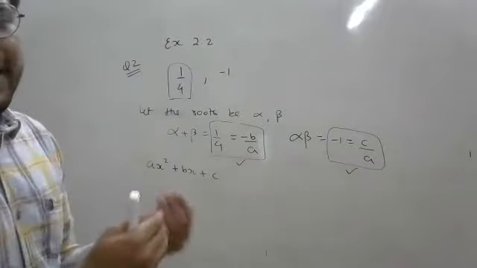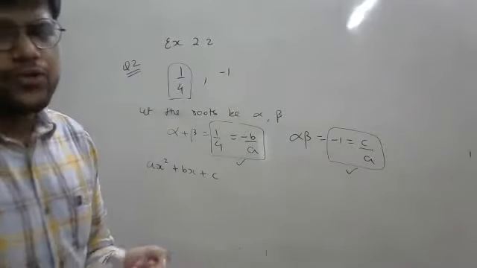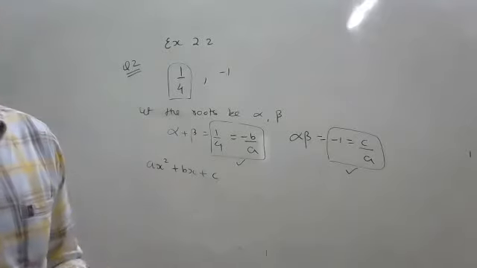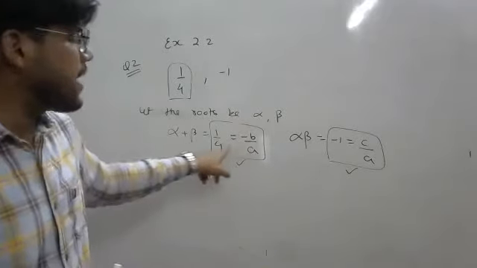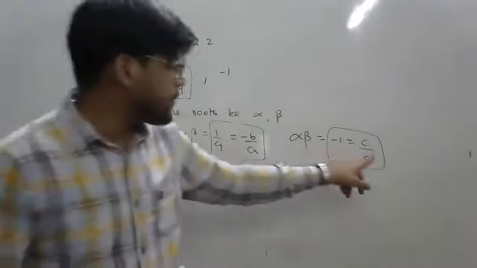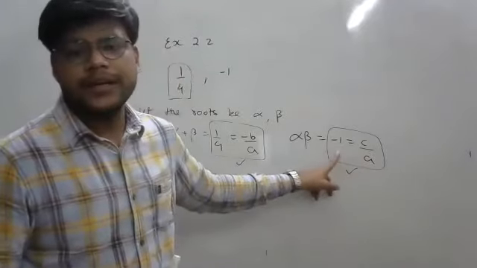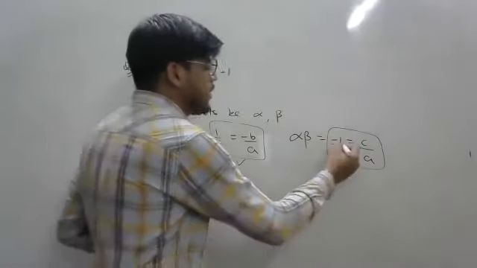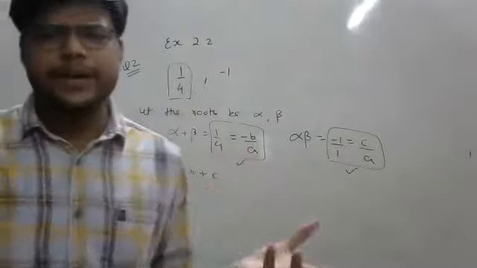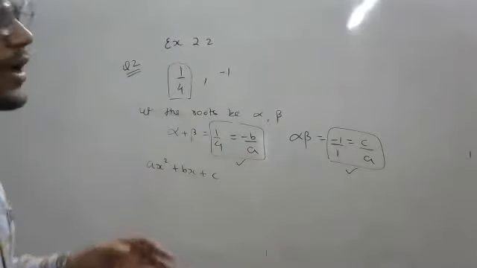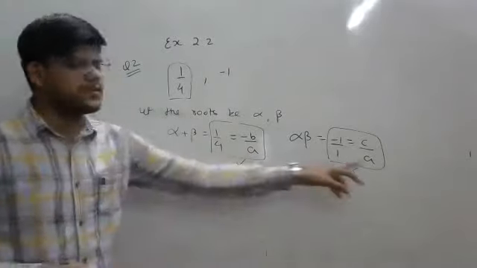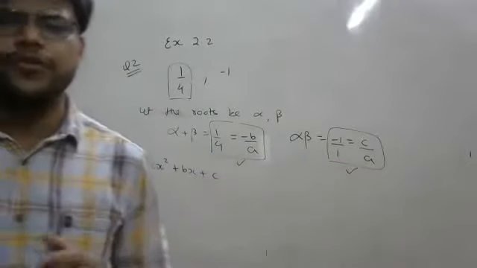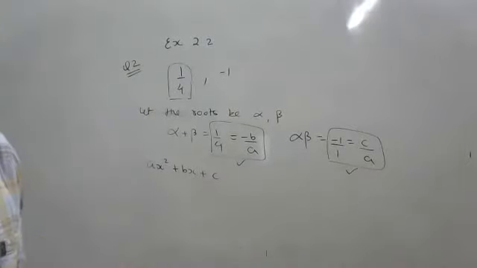Then while comparing, if a is getting the same value, then you can consider those values. Here we have 4 for a, and here there is no denominator. That means the denominator is 1. So if we just directly compare, the value of a would be 4 and here the value of a would be 1. Now that would be a confusion. Which value should you go with?